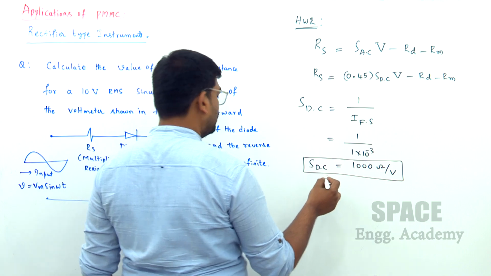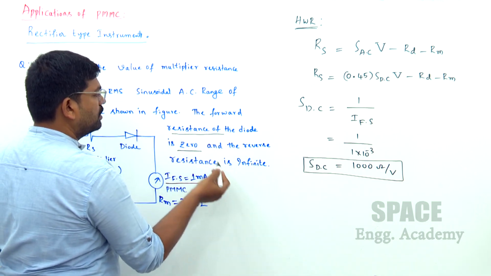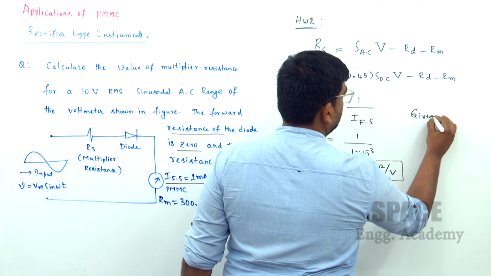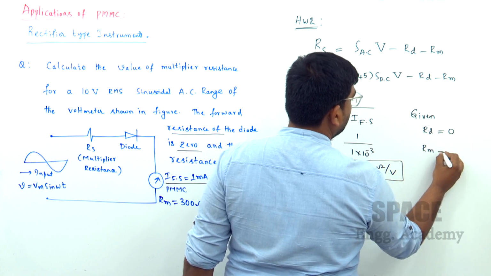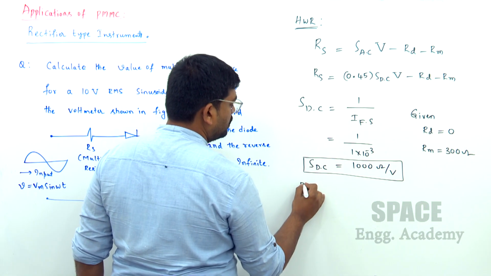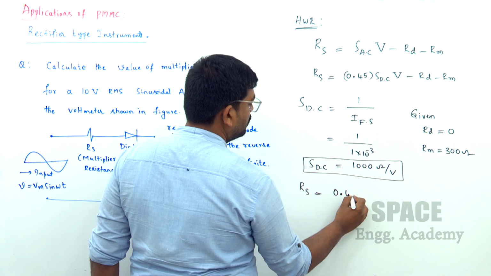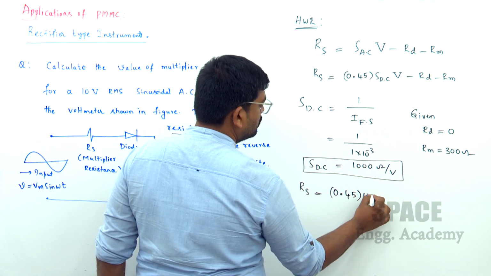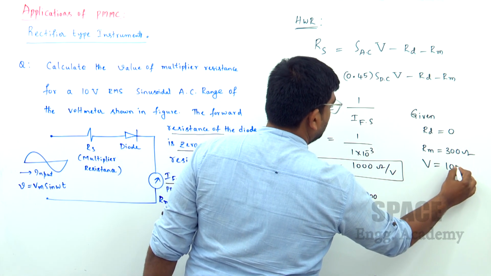At the same time, diode forward resistance is how much here? 0. So given RD is 0 and RM is given as 300 ohms. So now substitute all this information. So 0.45 into DC sensitivity, 1000. RMS voltage is also given, that is 10 volts.